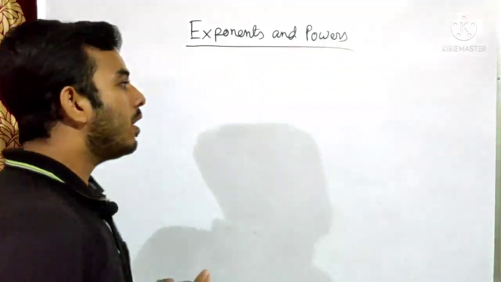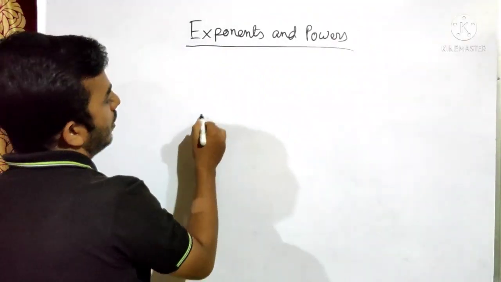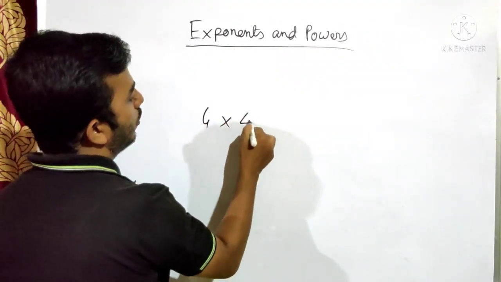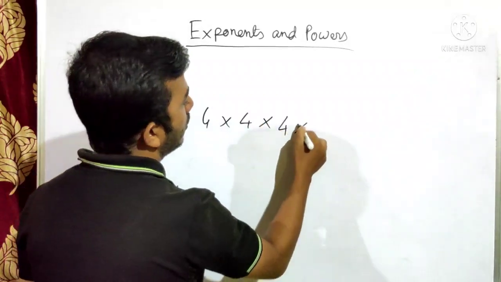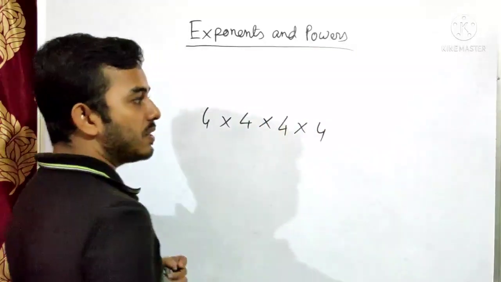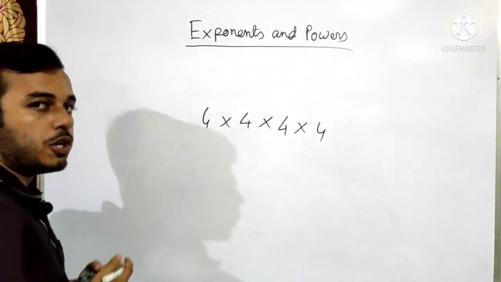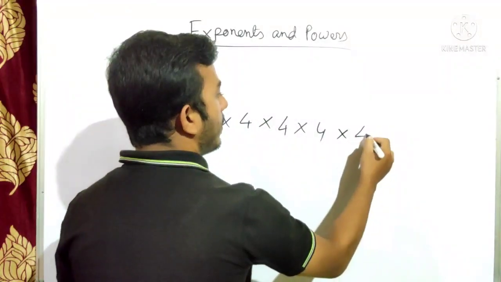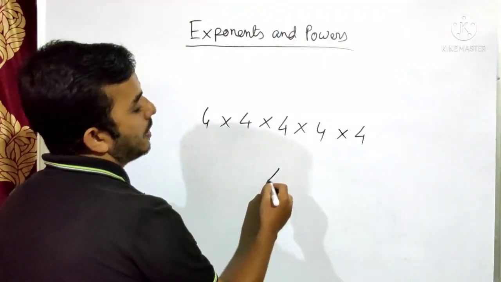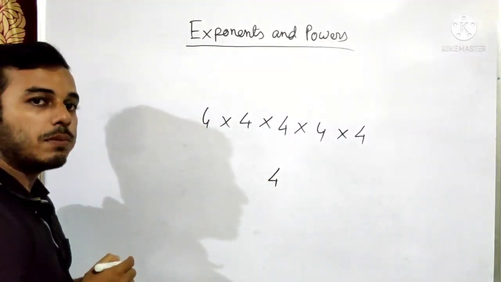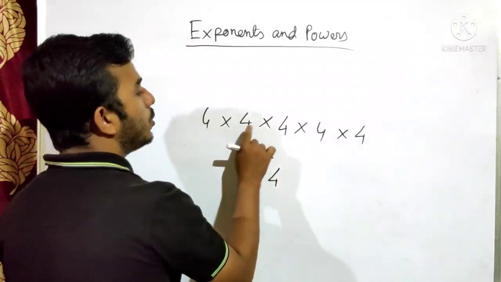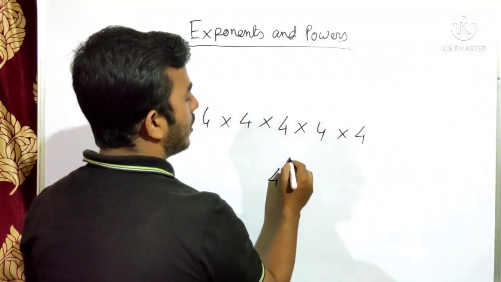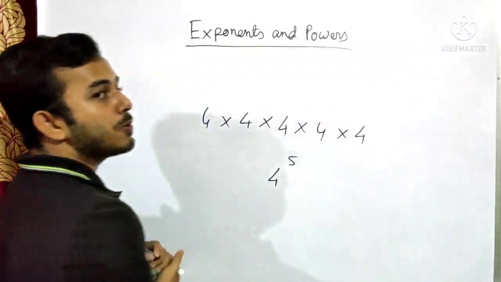Clear? For example, let's have a look at 4 into 4 into 4 into 4 into 4. So how to express this in the exponential form? Here we will see which number is multiplied. Here 4 is multiplied, isn't it? How many times is it multiplied? It is multiplied 1, 2, 3, 4, 5 times. So we will write this 5 in its power.